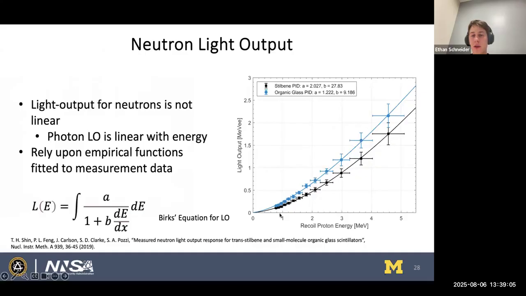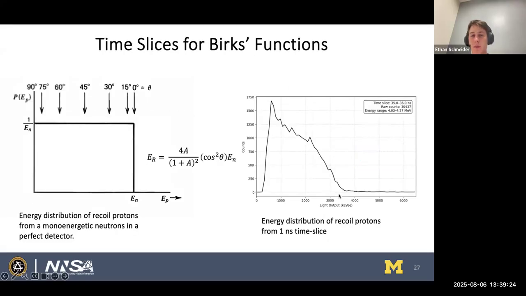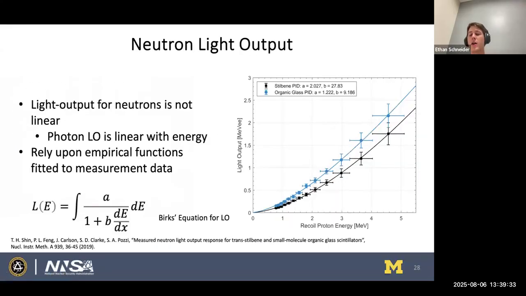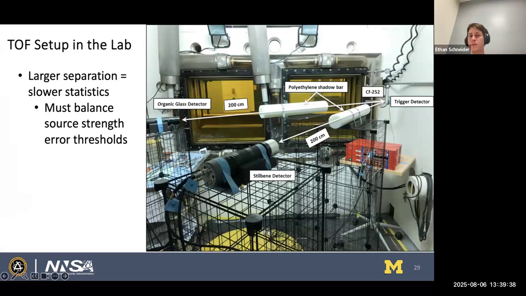And from there, you'll have all these different points to fit your Birks light output function, to get these values for both A and B. And notice that the uncertainty within this distribution will increase as we increase in energy. If we look back at this distribution here, our count rate at very high energies, we get very few counts at these high energies. There's going to be greater uncertainty associated with those values.